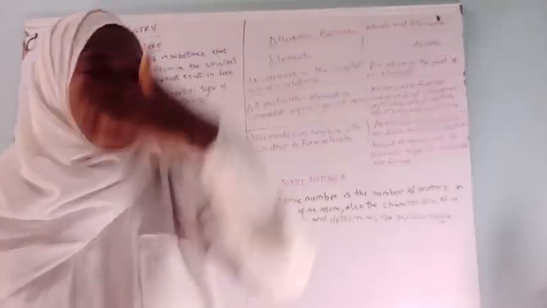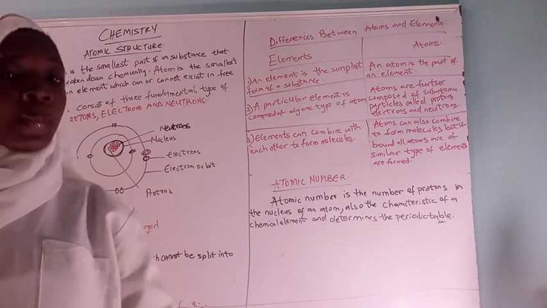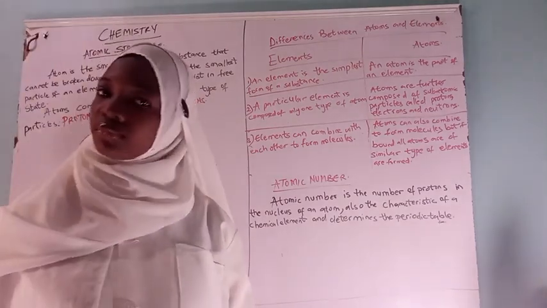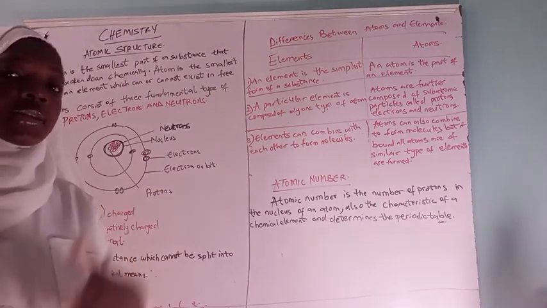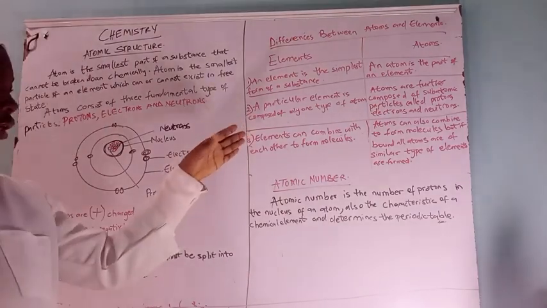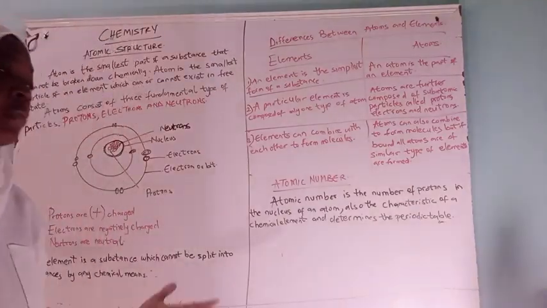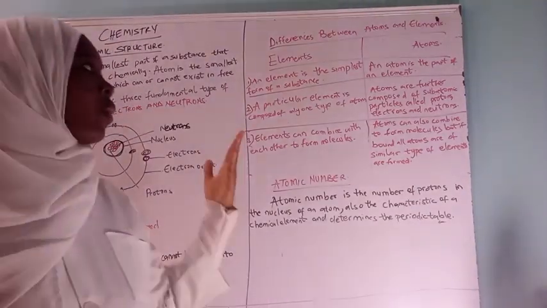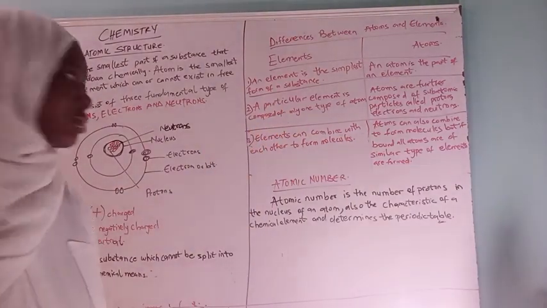Atoms make up an element, while elements make up substances like molecules and compounds. An atom makes up what? Elements. Let's move on. A particular element is composed of only one type of atom, while atoms are further composed of subatomic particles.